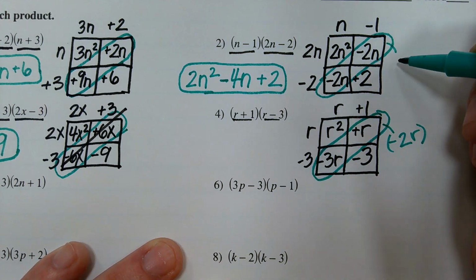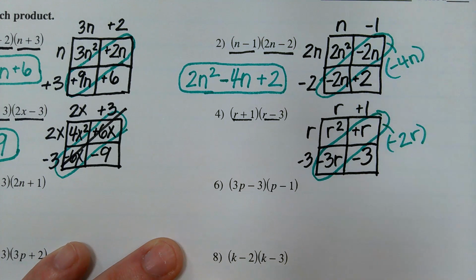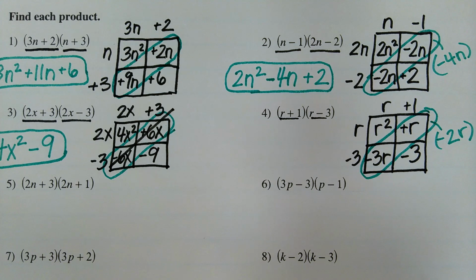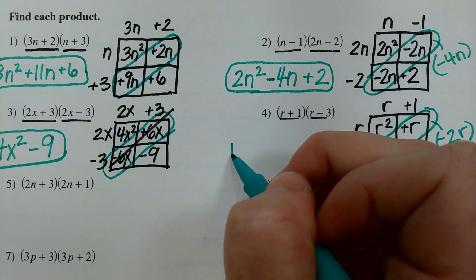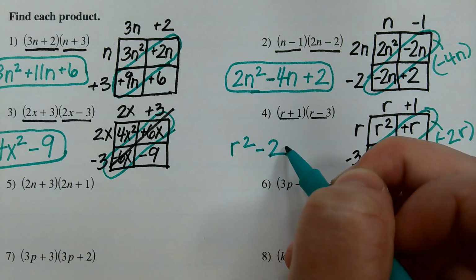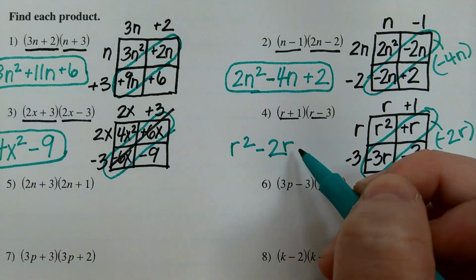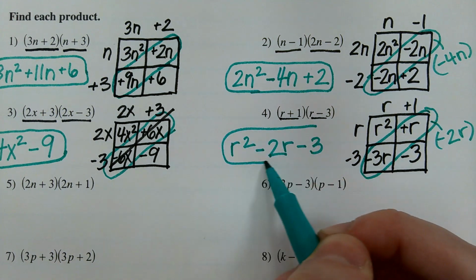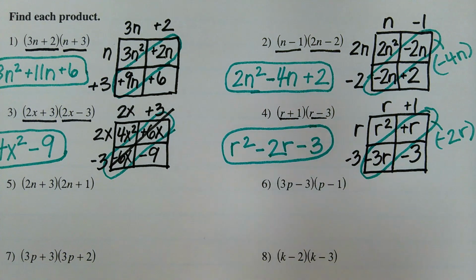This was negative 4, so that way you know where that's coming from. So what's our answer going to be? R squared minus 2R minus 3. Good job, guys. That's our answer.